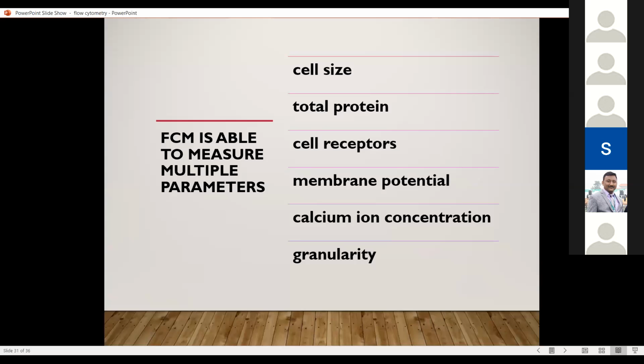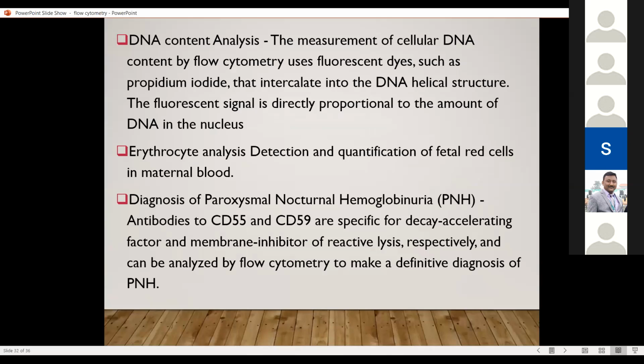We can differentiate on the basis of membrane potential: ATP proteins present on the cell membrane give cells different membrane potentials, so we can measure which cells have a different membrane potential. On the basis of calcium ion concentration we can also differentiate our cell population, and likewise on the basis of granularity.